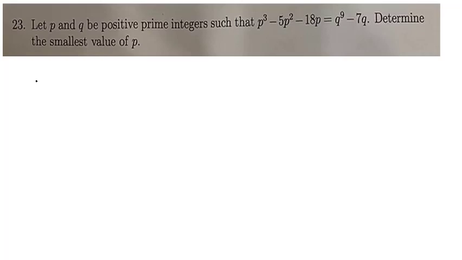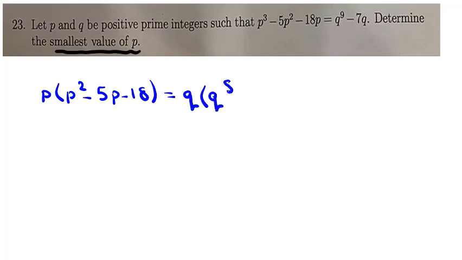Problem number 21, one of the hard problems of this exam. So here we have this expression, it says find the smallest value of P. Okay, so we can factor from P, let's factorize: P times P squared minus 5P minus 18, the right side is Q times Q to the power of 8 minus 7. Here we know the right side is positive, so the left side should also be positive.